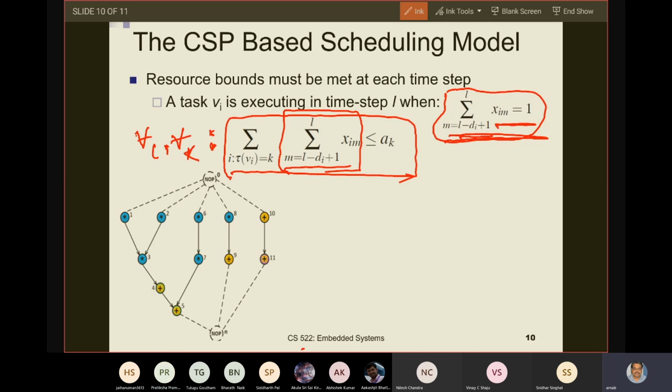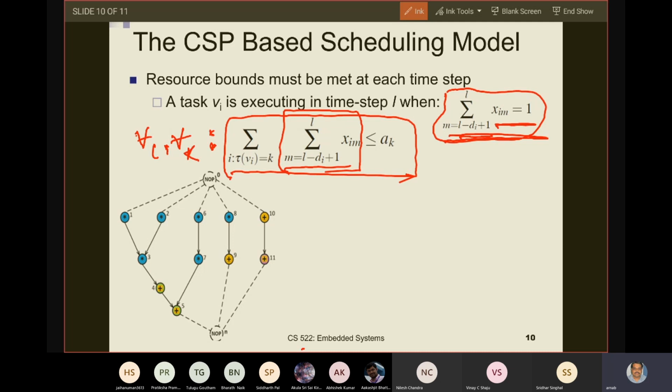Sir, it is m equals 8 and L equals 10 in the right side summation. Yes, m equals 8 and L equals 10.